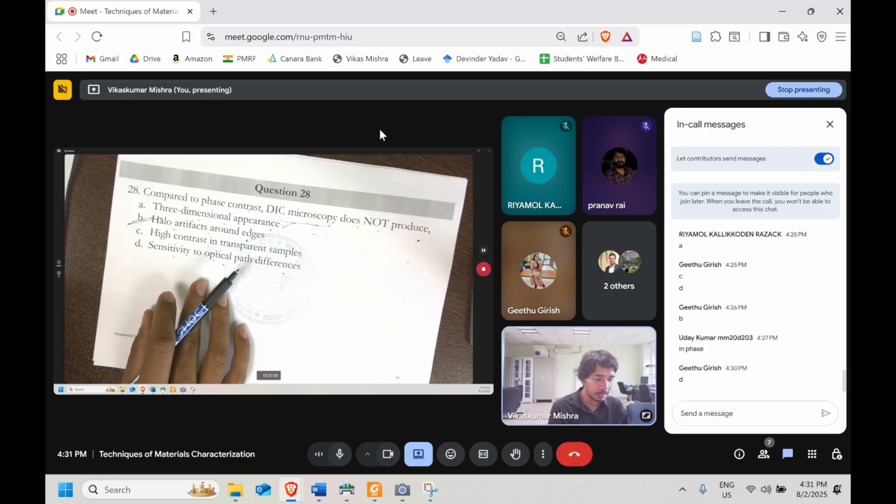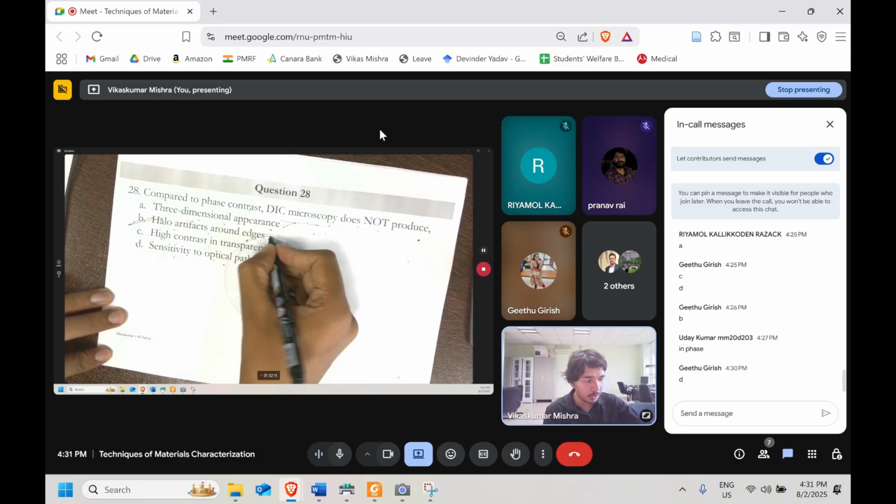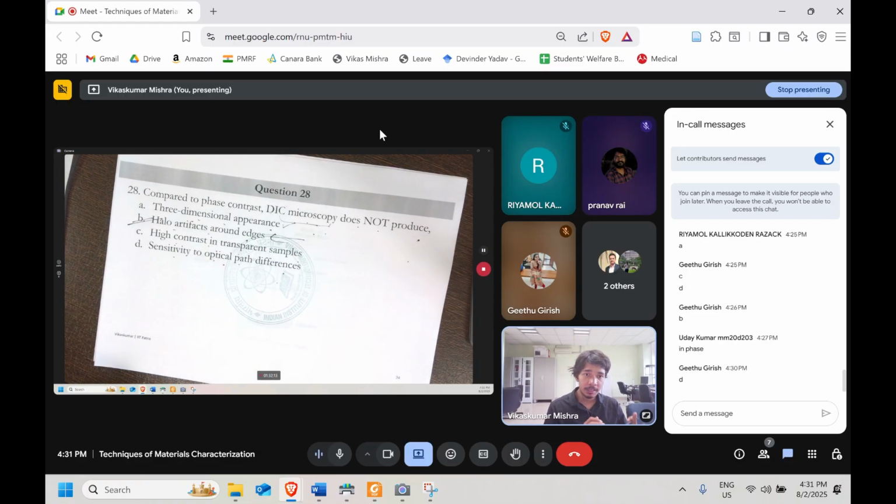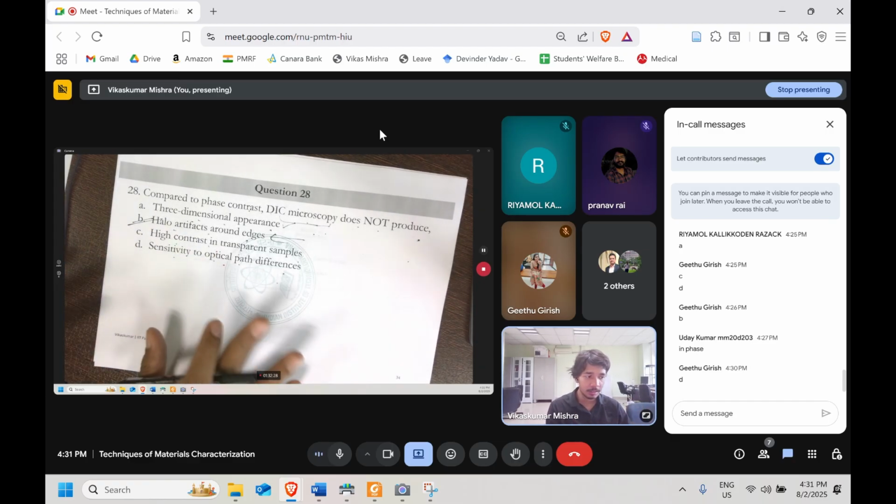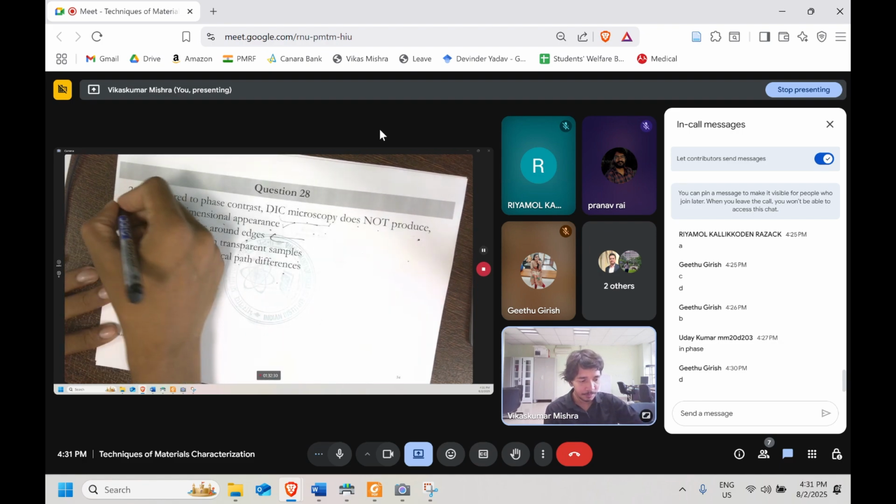The difference is that the halo artifact which we are able to see around the edge is a limitation of the phase contrast which one can overcome with the DIC. The halo artifact will not be there in the DIC microscope.